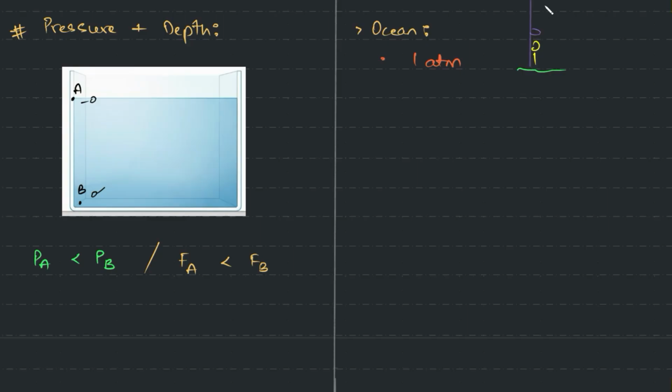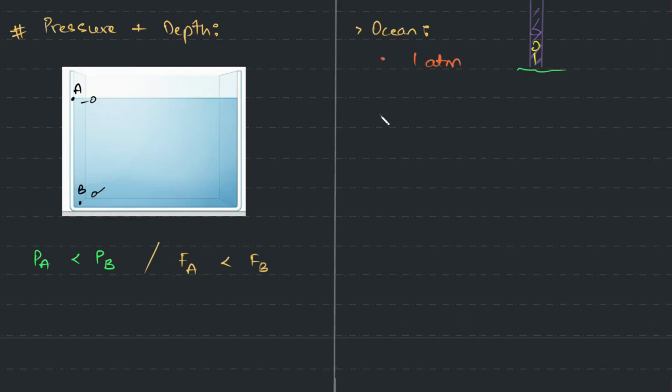As of now, wherever you are sitting, you are experiencing this force. Of course, the body is used to it, so you are not exactly feeling it, but there is atmospheric pressure on you. You are bearing the weight of the atmosphere. So that is your 1 atmosphere.